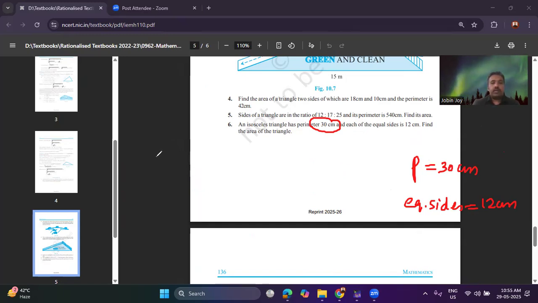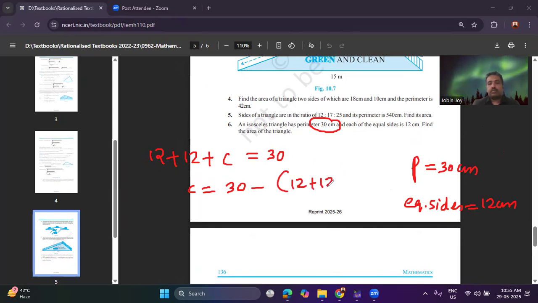So isosceles triangle means two sides are equal, right? So I can write 12 plus 12 plus C is equal to perimeter, 30. So C is equal to 30 minus 12 plus 12, that is 30 minus 24, right? So that is 6 centimeter. So 6 centimeter is the third side.